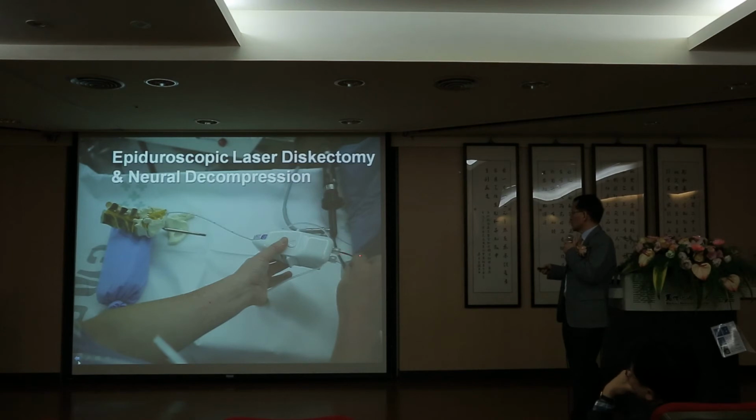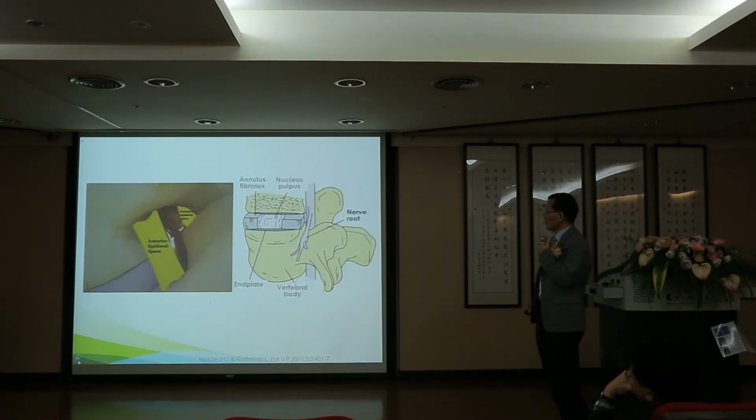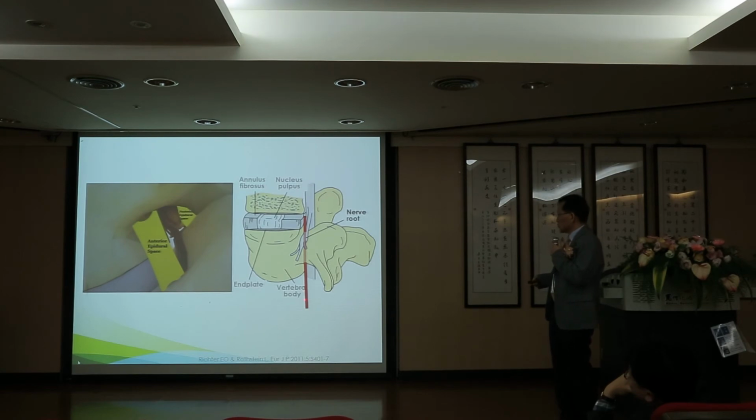First of all, we introduce the fiber optic endoscope and laser here. There are two epidural spaces, the anterior epidural space and the posterior epidural space. As you know, the problem site is the anterior epidural space. So the catheter has to be introduced anteriorly to treat the inflammation and herniated disc with the laser.